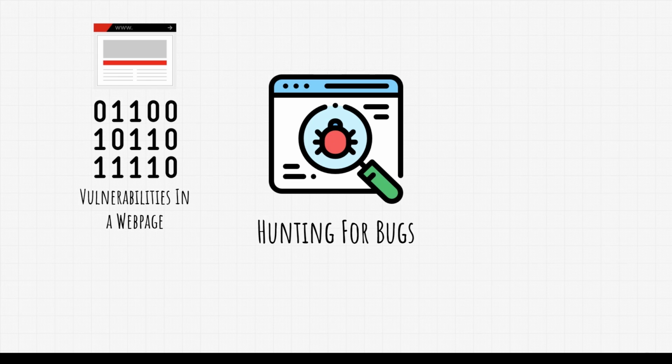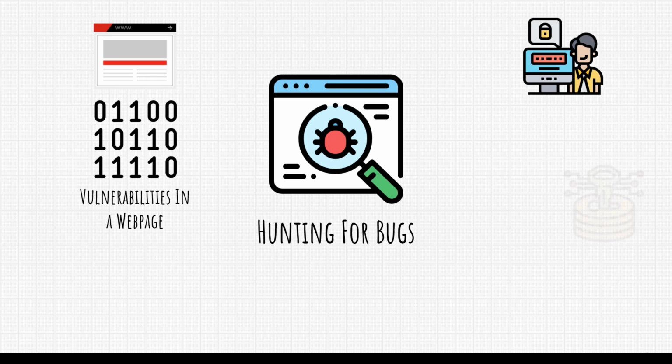Now, these vulnerabilities can be anything from password vulnerabilities, maybe they are not encrypted well and the attacker can easily break them, or perhaps there is a database vulnerability and the attacker can extract all of the information from the database, including usernames, passwords, emails, and other personal information that shouldn't be public.